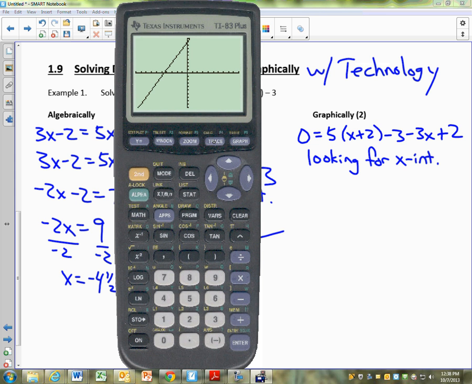We sure do. You can press trace and then follow it back and see if you can find that spot. As I move back there, right about there, it says x is negative 4.46. That's about right, isn't it? You can find it exactly as well. The way that you find the exact value is you press second, calculate.